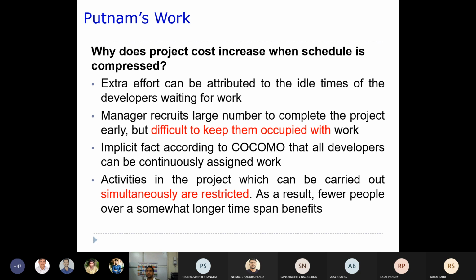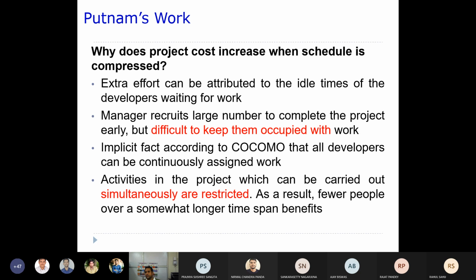Unless some activities are carried out, other activities cannot be started. As a result, a few people are kept waiting. Until the design phase is completed, the coders are waiting. When you compress the schedule, these coders may be given some other task, or you have to do some parallel activities. That is what it says.